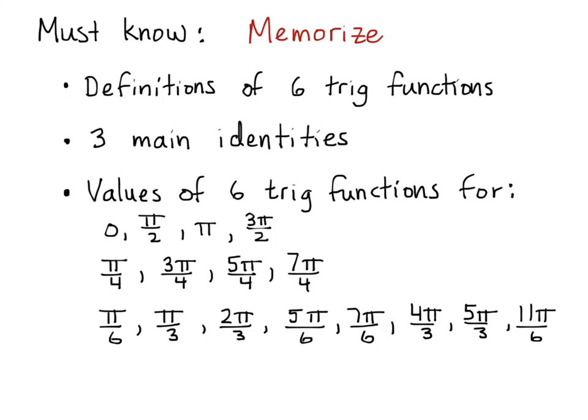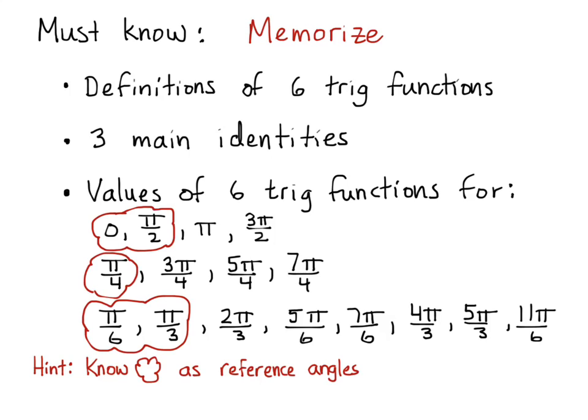Now the way to do this is to remember how to get to the other ones using those values and reference triangles. Okay, so if you remember those first 5 values and then apply your positives and negatives by quadrant, you'll know the rest of these.